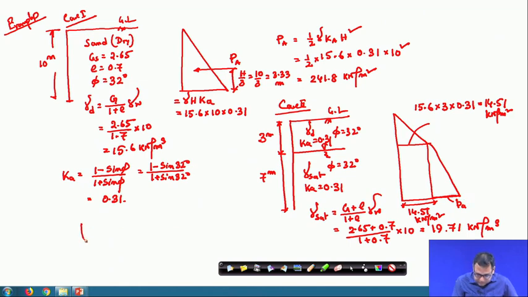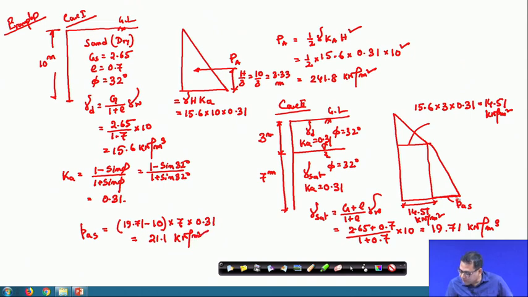I can write here P A S for the soil, where gamma saturated is 19.71, so this will be the submerged unit weight, into 10, into H is 7 meter, into Ka is 0.31. So this will be 21.1 kilonewton per meter square. This stress is for the soil.